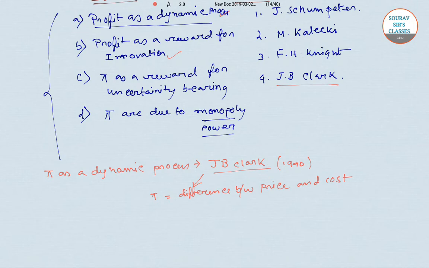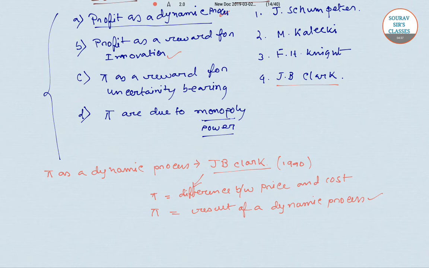So from here we know, according to him, profit is basically the result of a dynamic process. So what is a dynamic process?